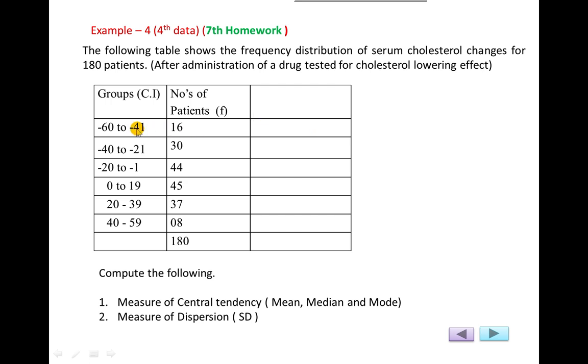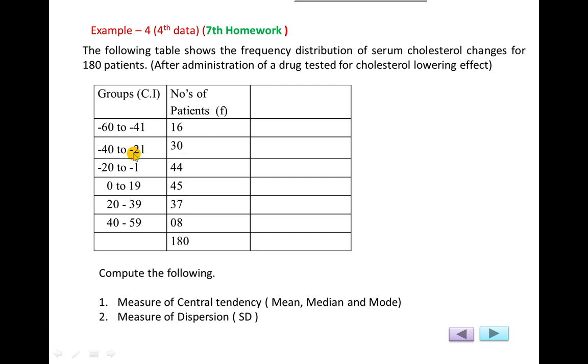To add in this, minus 40 plus 0.5, minus 41 plus 0.5 we will subtract. Okay. Minus 41 plus 0.5 will be minus 40.5. Subtract 0.5 from this minus 40 will be: minus 40 minus 0.5, minus 40.5.